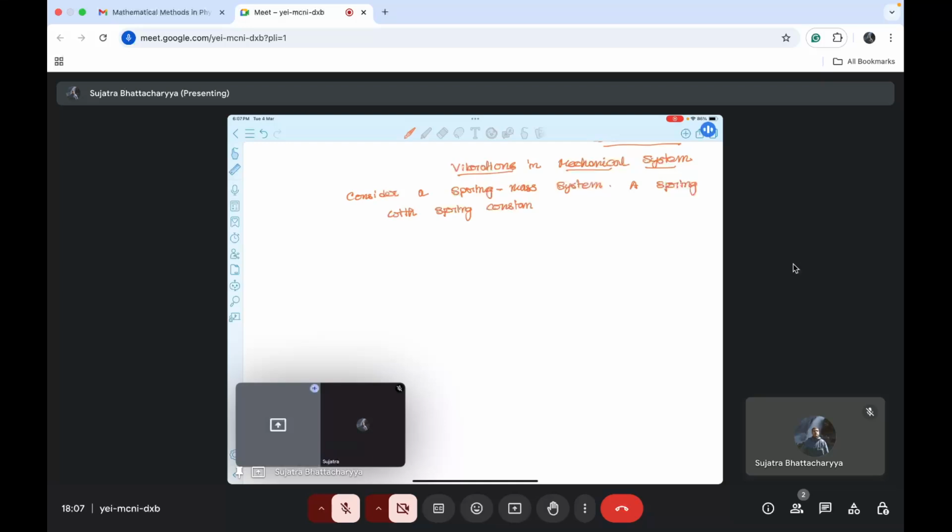which is the natural property of the material of the spring. So this is spring constant k, with a mass m attached to a nearby wall.